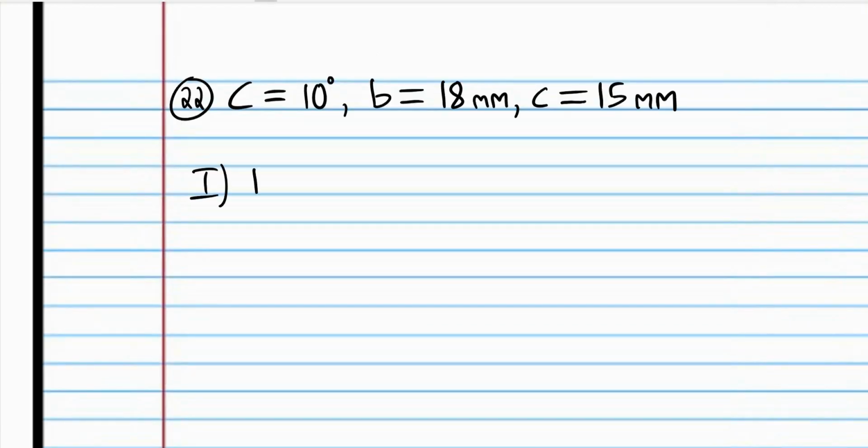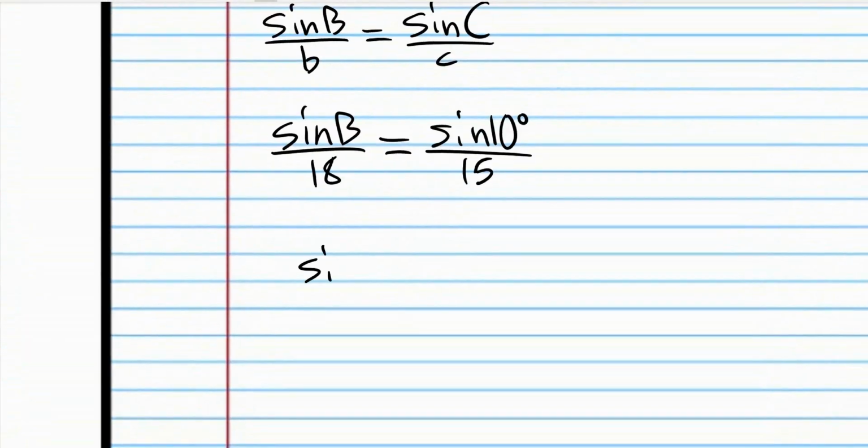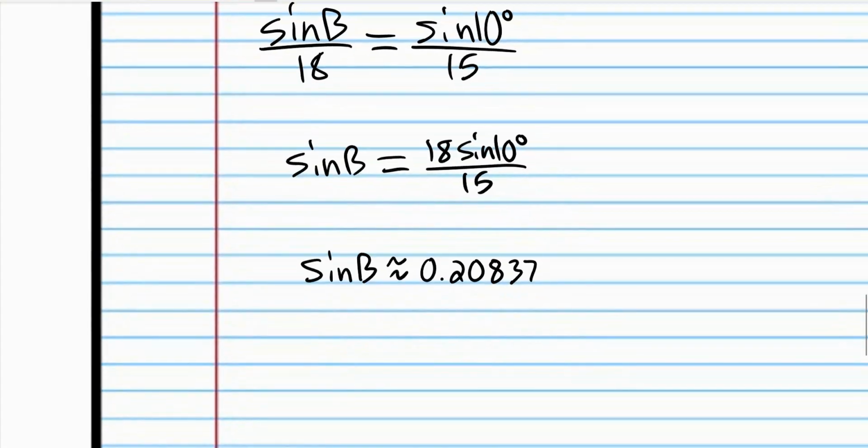So we're going to find the measure of angle B using the law of sines. And now we're going to multiply both sides by 18. And we can use our calculator. And we get 0.208 7, and we can keep that number in our calculator.